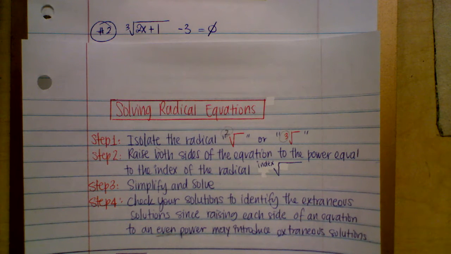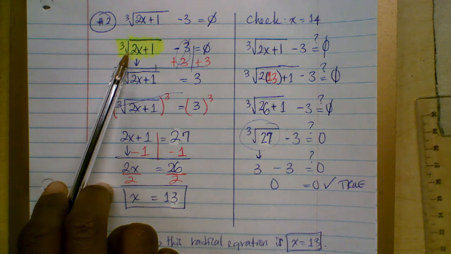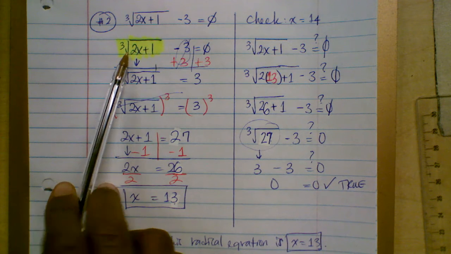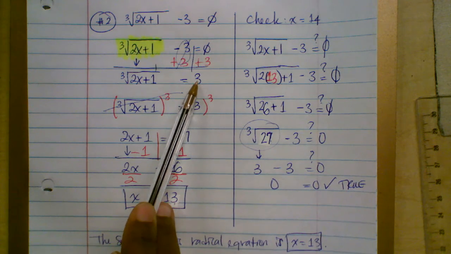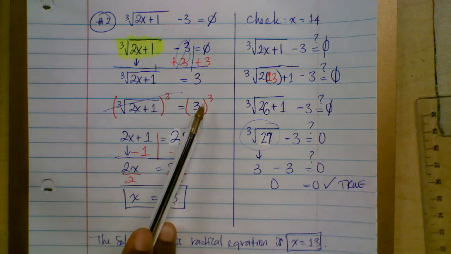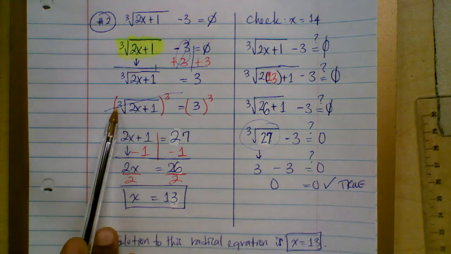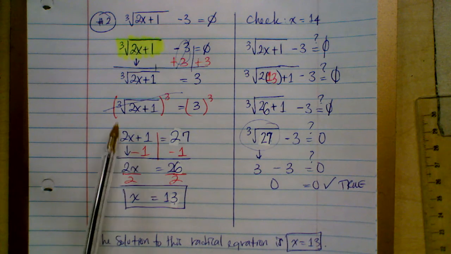Okay, see you soon. Okay, so I solved this already. I hope you end up with the same answer. Step 1, we isolate the term with the cube root. For this, you have to add 3 on both sides. Then to undo the cube root, we cube both sides. Now the cube root is gone.